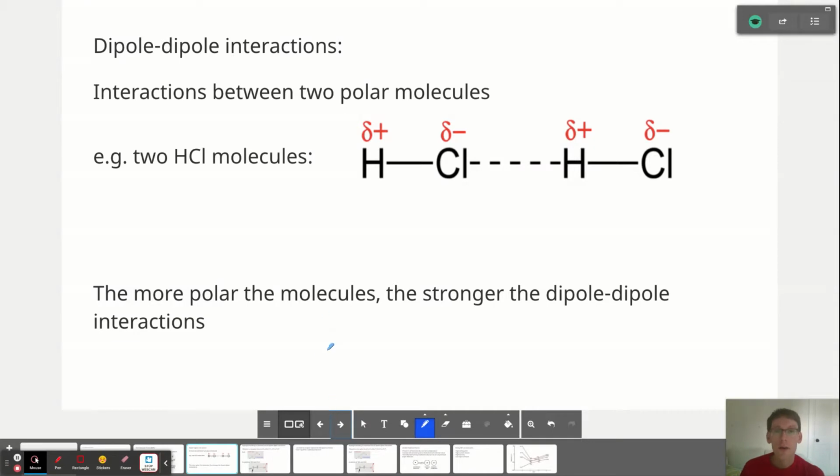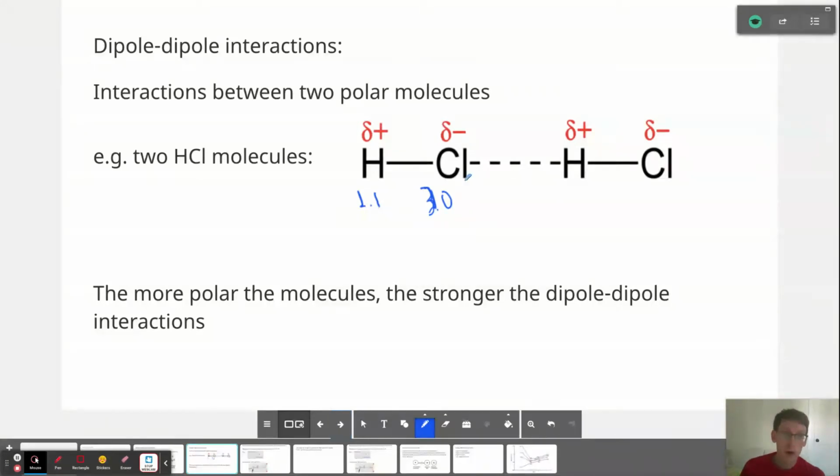So let's talk about the different types of intermolecular forces. The first is called a dipole-dipole interaction, and they occur between two different polar molecules. When we consider hydrogen chloride, hydrogen has an electronegativity of 2.1 and chlorine has an electronegativity of 3.0, and that difference in electronegativities indicates a polar covalent bond.